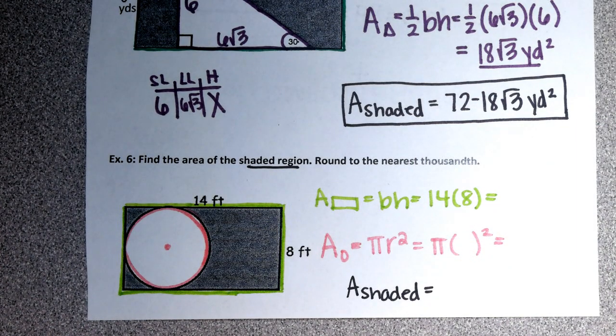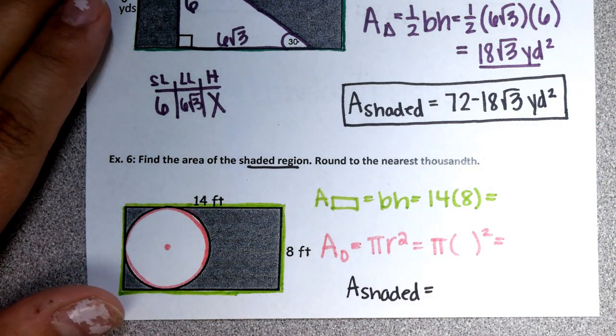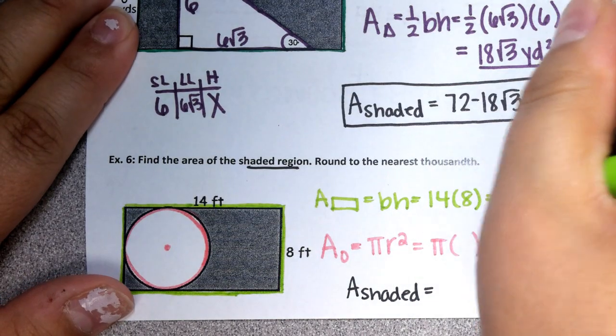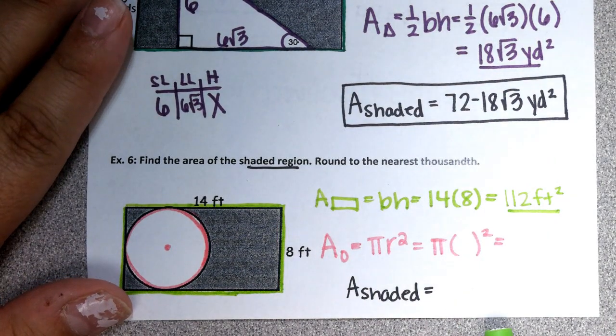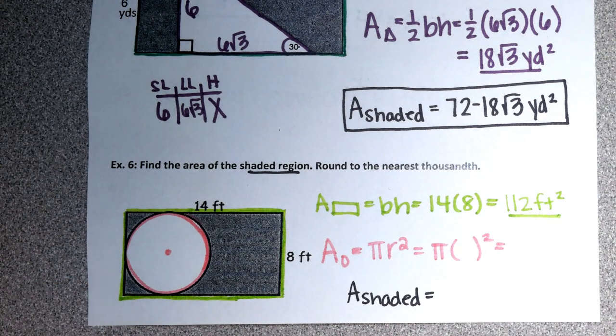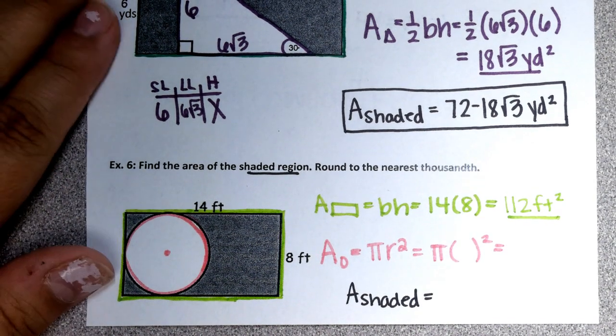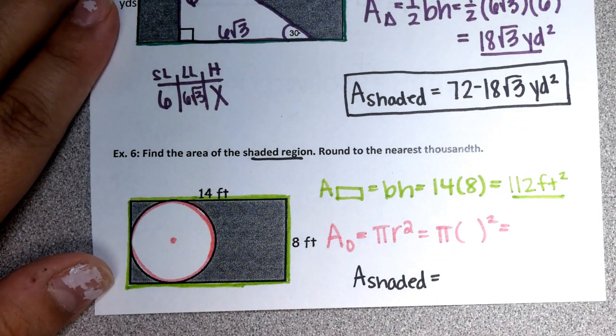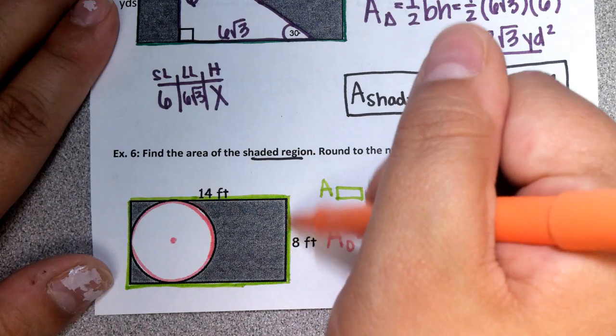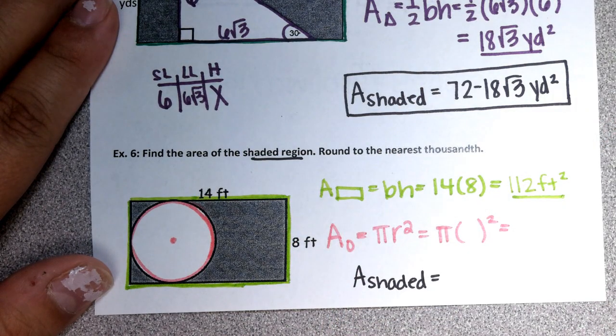What is 14 times 8? 112. Thank you. Did everybody get 112 for the area of the whole thing? Alright. What's the radius here? How do you get 4? Yes.